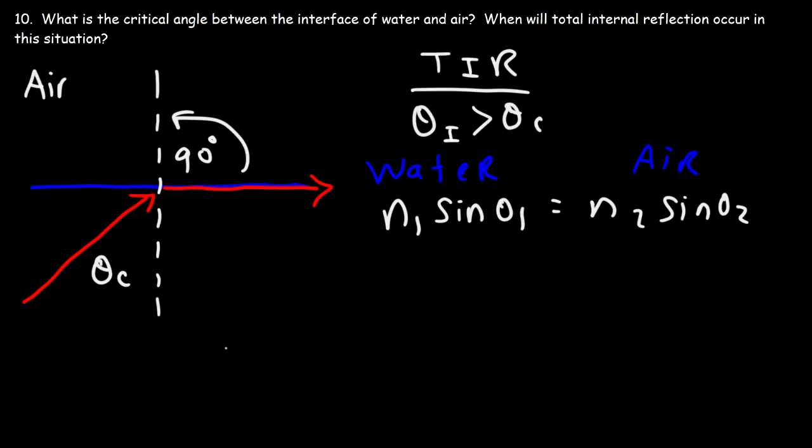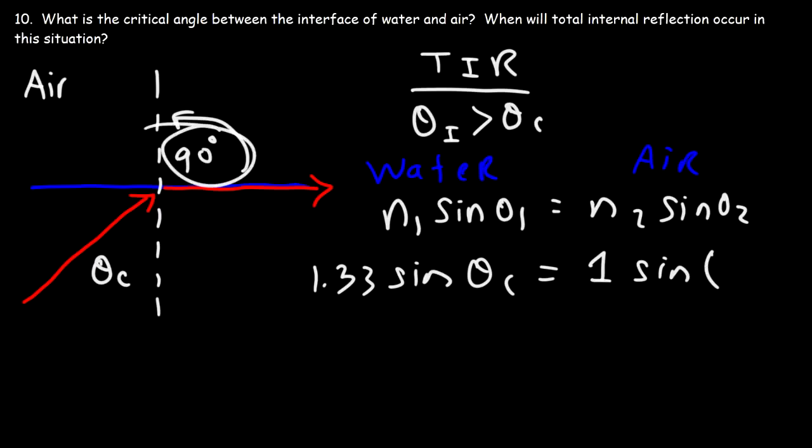The index of refraction of water is 1.33. And theta 1 is going to be the critical angle, which is what we're looking for. The index of refraction of air is 1. And then theta 2 is the second angle, which is 90 degrees. Now, sine 90 is 1.